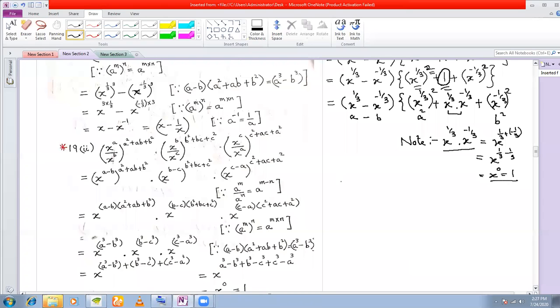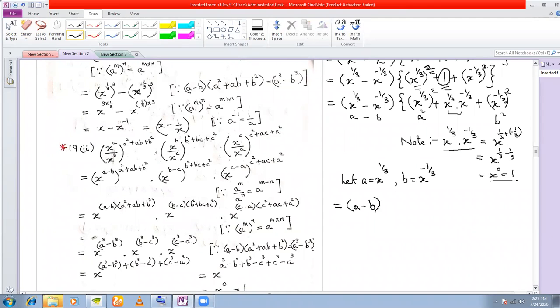So therefore, let A is equal to x to the power of 1/3, B is equal to y to the power of 1/3. So therefore, what does this expression become?